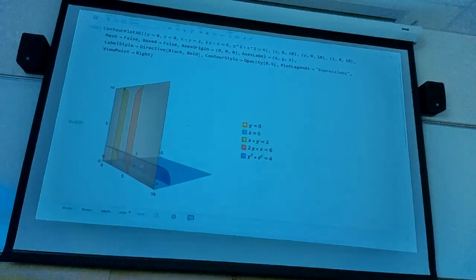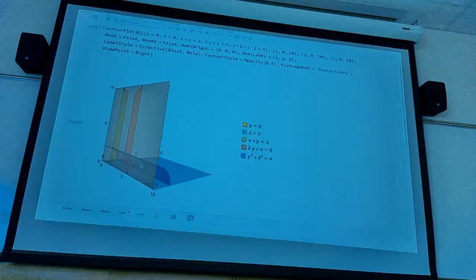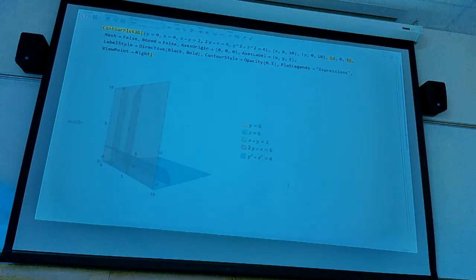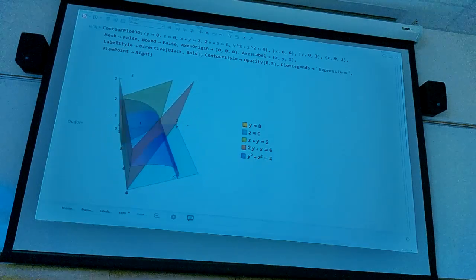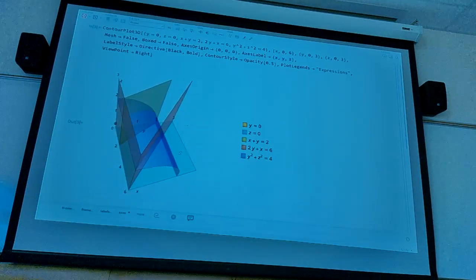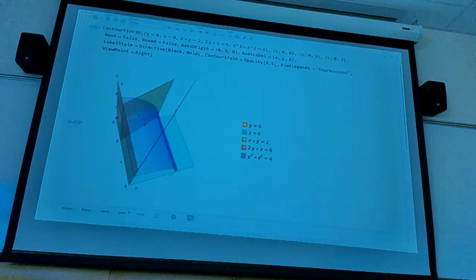So now we have to try and describe that. What I can do is try to shrink this to make it easier to see, maybe drop the z down to 3, the x maybe to 6, y to 3. Yeah, that works. That's a lot easier to see now.